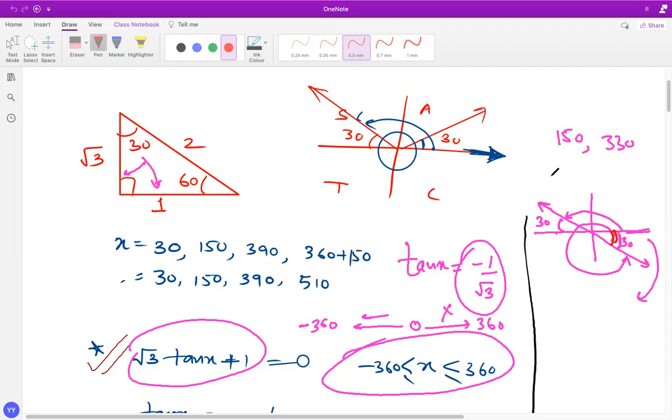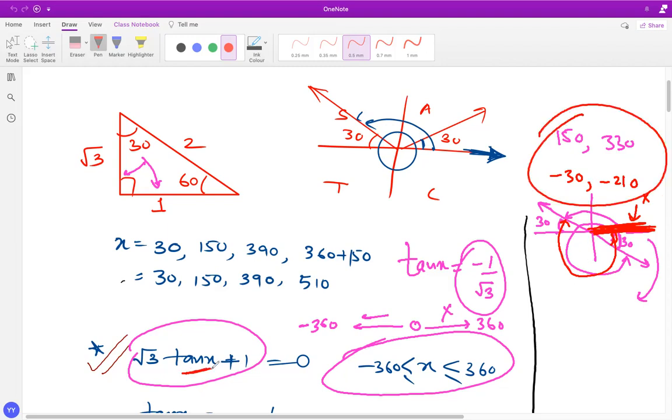And this angle from here to here is negative 210. Always remember, each and every angle is measured from the principal axis, that is the positive x-axis. Anytime you're measuring the angle, you have to go back to the positive direction of the x-axis, and then start from there. So these are the four angles for which, if you find the tan ratio, it is going to be negative 1 over root 3.